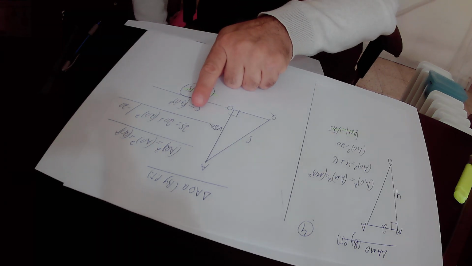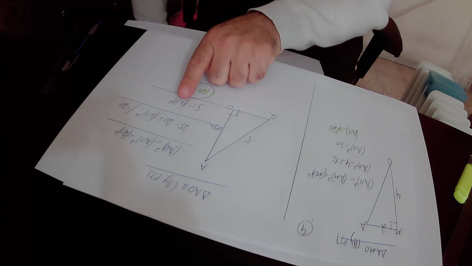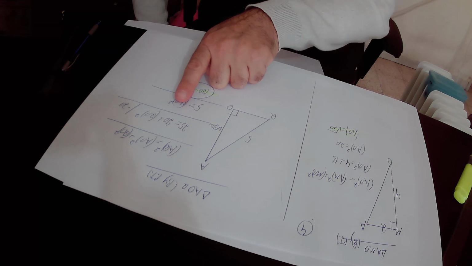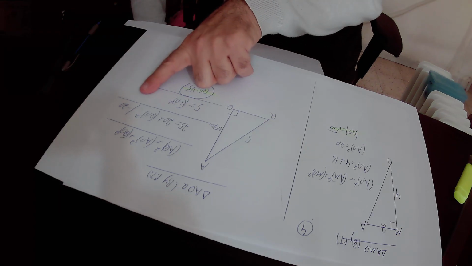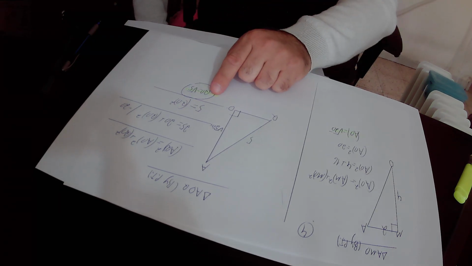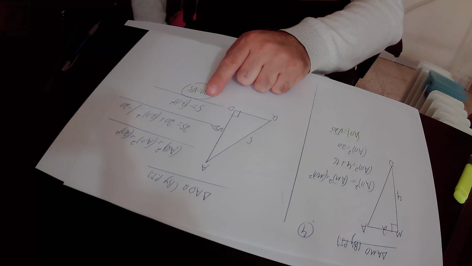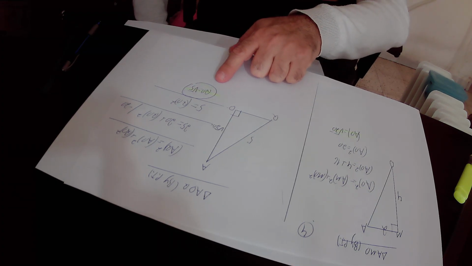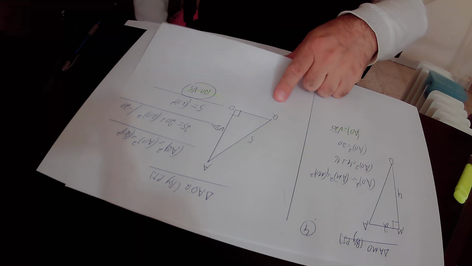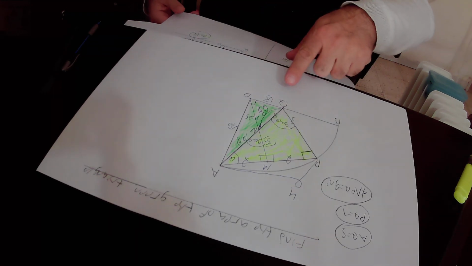AQ is 5, therefore AQ square is 5 square, that is 25, and it is equal to AO square, square root of 20 square, that is 20, plus QO square. We subtracted 20, and 25 minus 20 is 5, so 5 equals QO square. We found that QO equals the square root of 5 units.